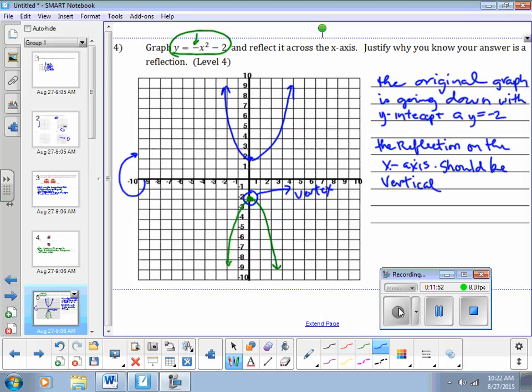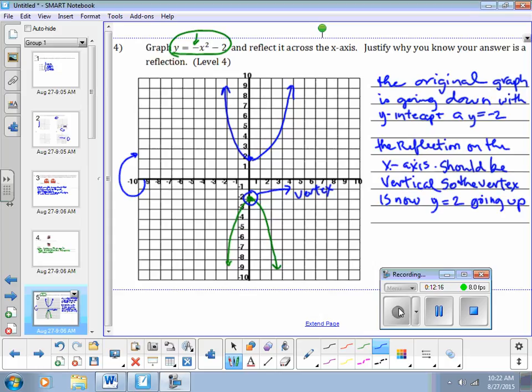The reflection on the x-axis should be vertical, so the vertex is now on y equals +2, going up.